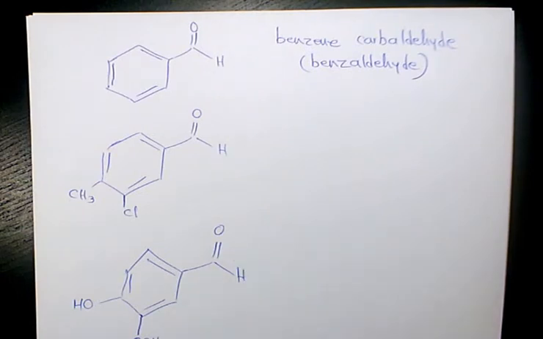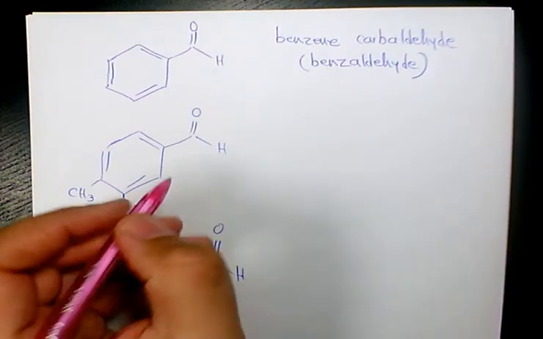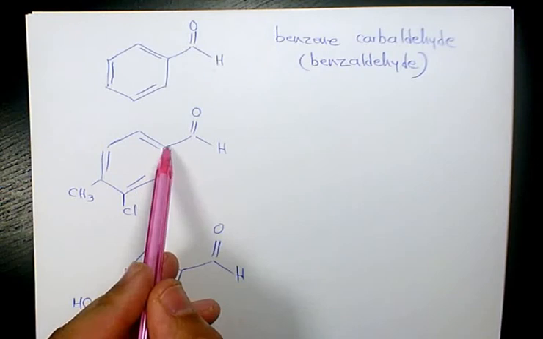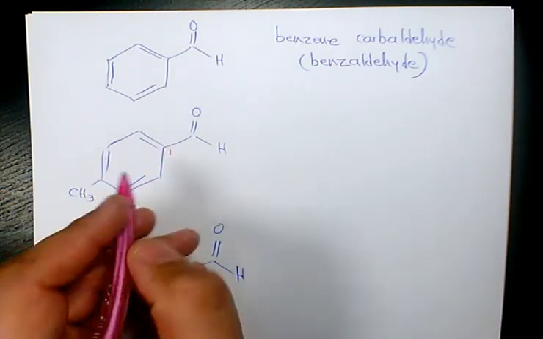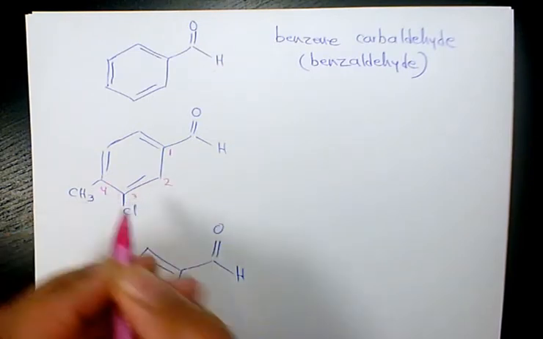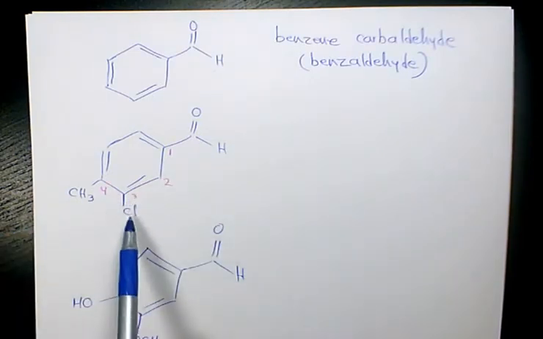Let's name the next one. So here we have number 1. We need to go this way for numbering, not the other way, because we need to have the lowest number. 1, 2, 3, and 4. We have methyl and we have chloro.